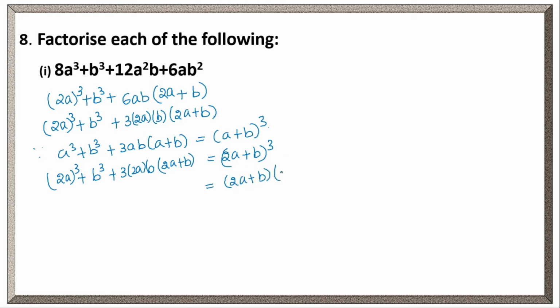If you multiply the base, we'll get (2a plus b) whole cube. (2a plus b) into (2a plus b) into (2a plus b) are the factors of the given polynomial. Clear? Right. So therefore 8a cube plus b cube plus 12a square b plus 6ab square is equal to (2a plus b) into (2a plus b) into (2a plus b).